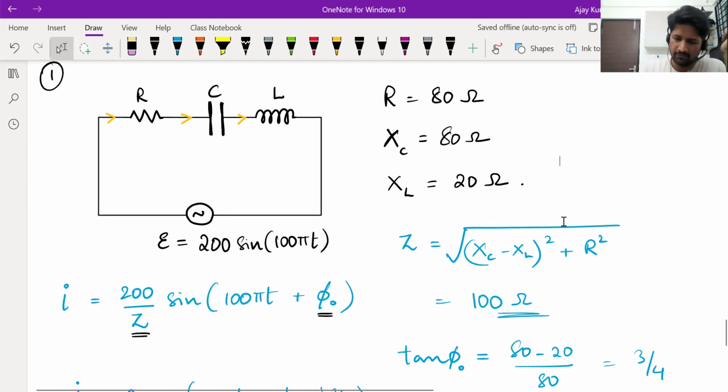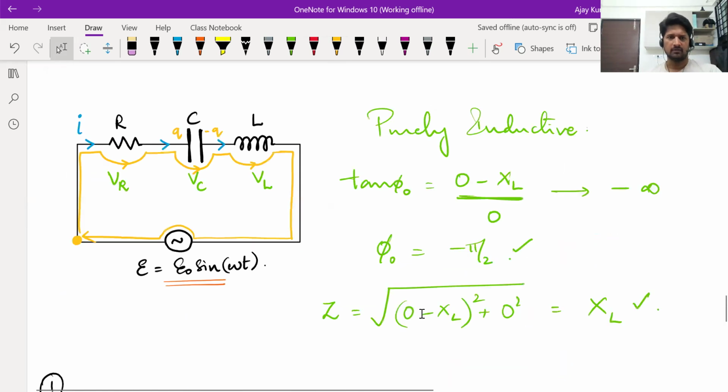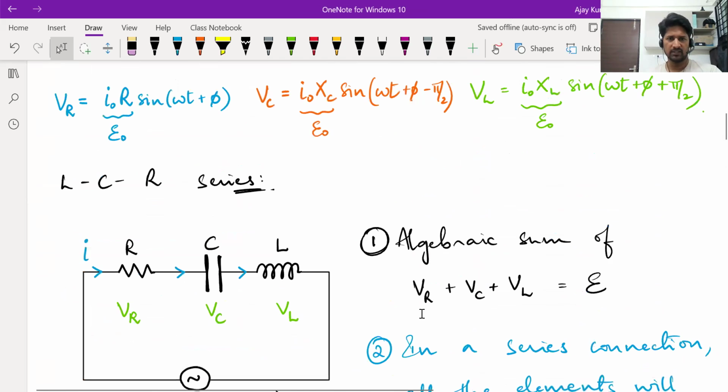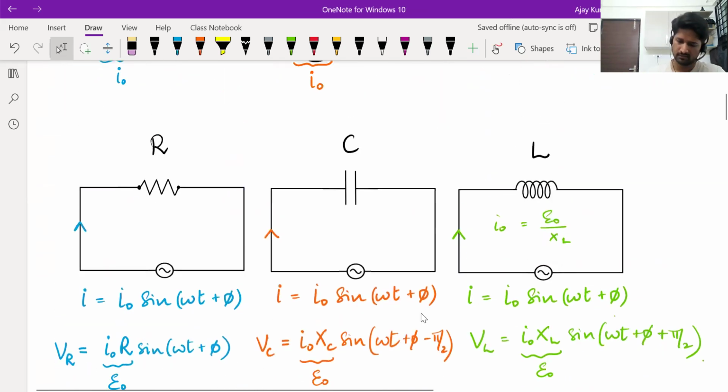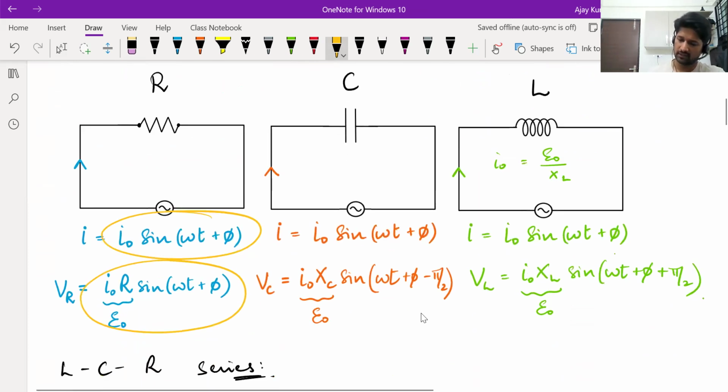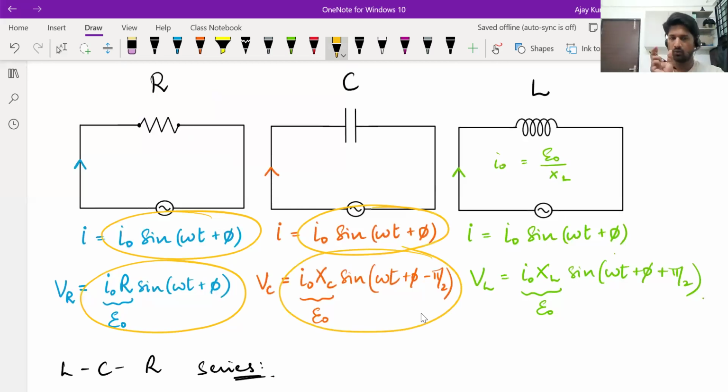If we know the current equation, what can we tell based on that? We had already discussed that today itself. If you know the current passing through the resistor, you can tell what is the voltage across the resistor. If you know the current passing through the capacitor, you can tell the voltage across the capacitor. And similarly for the inductor.